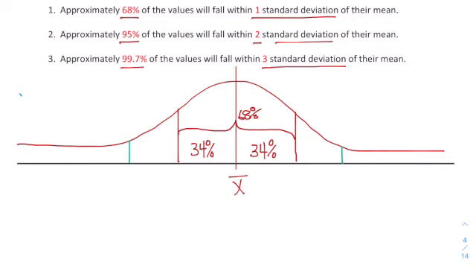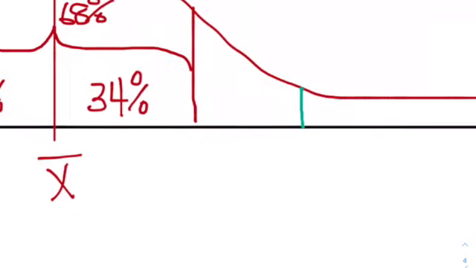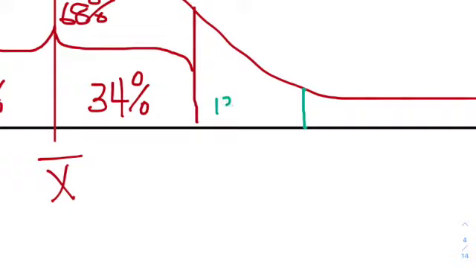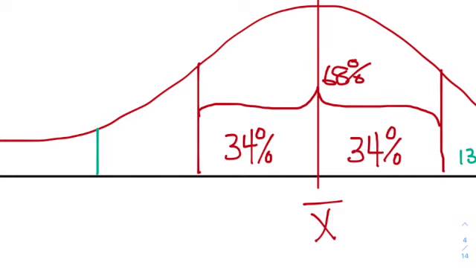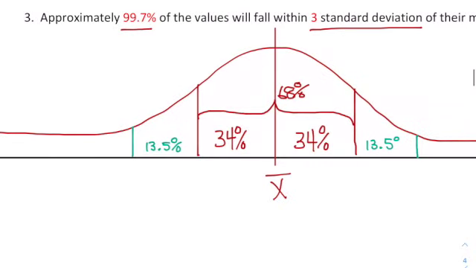If you take the 47.5 and subtract the 34 you already have, that gives you 13.5 on each side. Then you should understand that when you go from end to end, from here to here, that's going to give you the 95%.